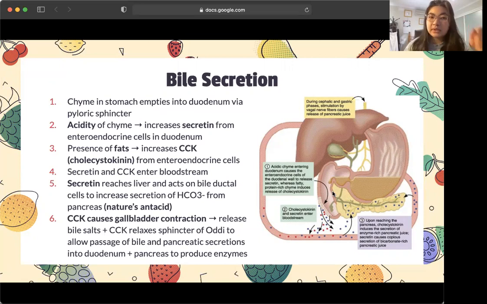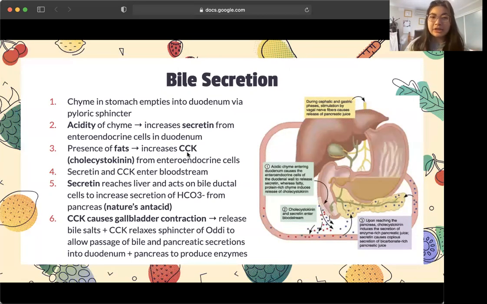Remember, this was released by the acidity of the chyme. Because of this, we want to find something to combat that. So secretin is also known as nature's antacid, because it's going to cause secretion of bicarb, which is an alkaline fluid. So triggered by acid, we're going to combat that with bicarb, secretin.